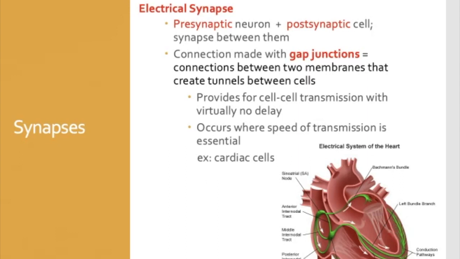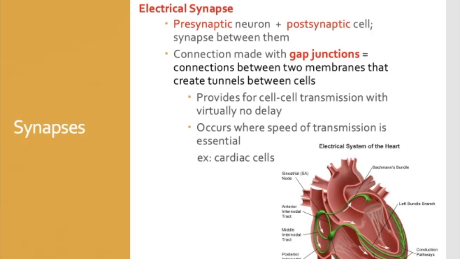Electrical signals need to travel down the axon of one neuron so that they can then be sent to the next structure, whether it's another neuron, whether it's the spinal cord or the brain, or whether it's some effector out in the periphery, something like a muscle or a gland.